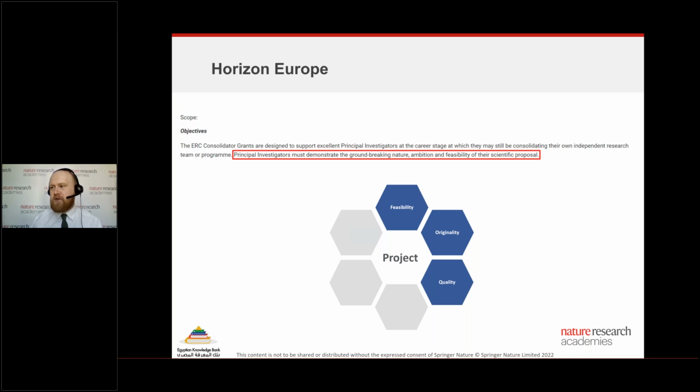Notice how this loops into many of the criteria we were talking about earlier. They're already highlighting they expect the proposal to be feasible, to demonstrate originality, but quality as well.